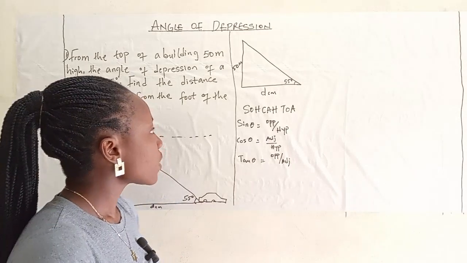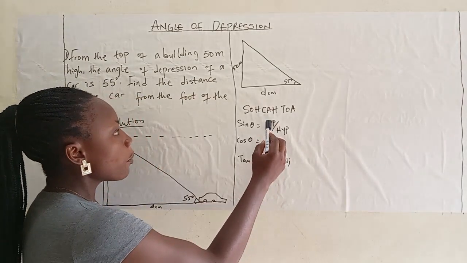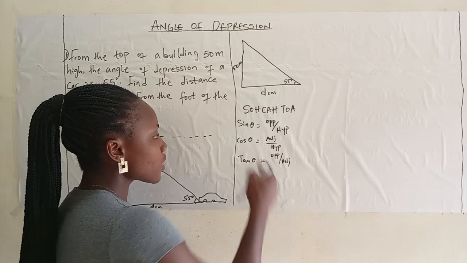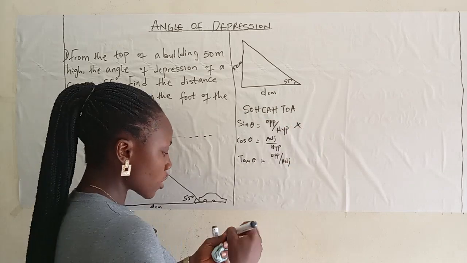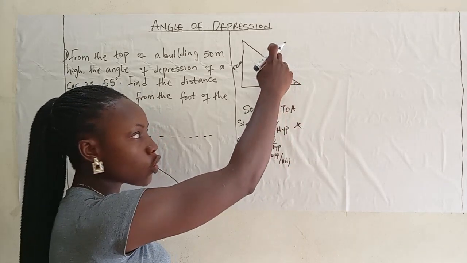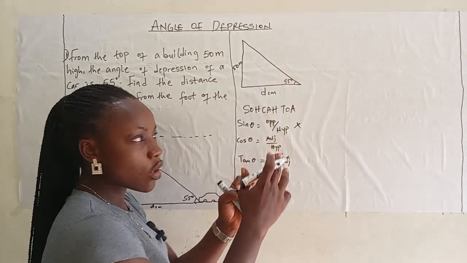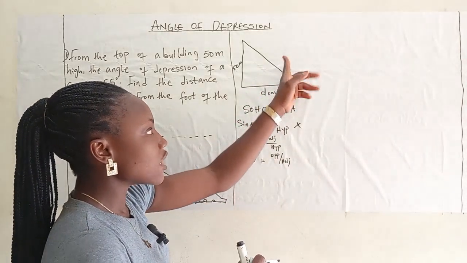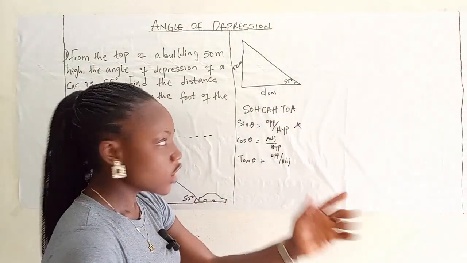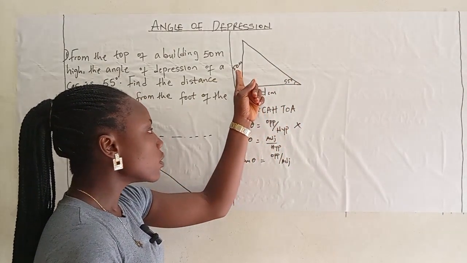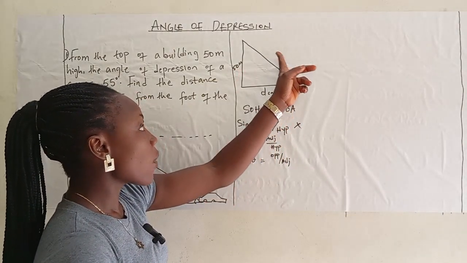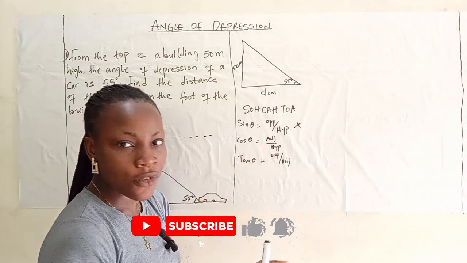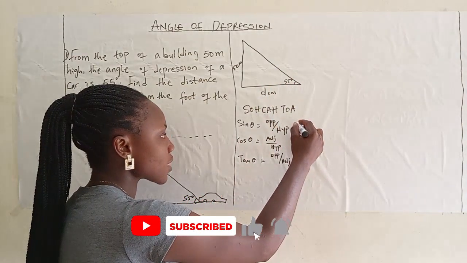Sine theta is opposite over hypotenuse, but we cannot use it because our hypotenuse is unknown and it is not the side we are asked to find. Though our opposite is known, our hypotenuse is not known. So we are ruling out sine.